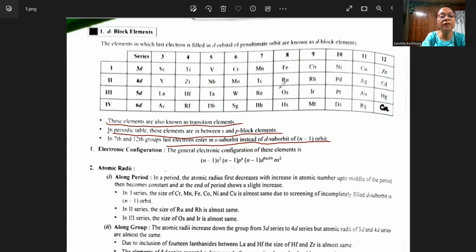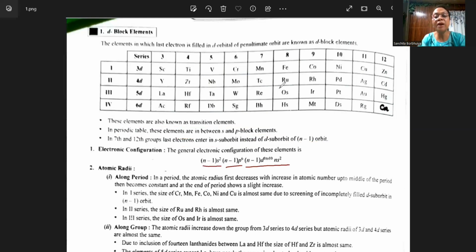The general electronic configuration of D block elements is (n-1)d1 to 10 ns2, pertaining to the 3D, 4D, 5D, and 6D series of elements.